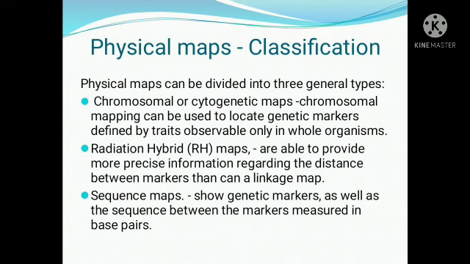The physical map is again divided into three: chromosomal or cytogenetic map, radiation hybrid maps, and sequence maps.